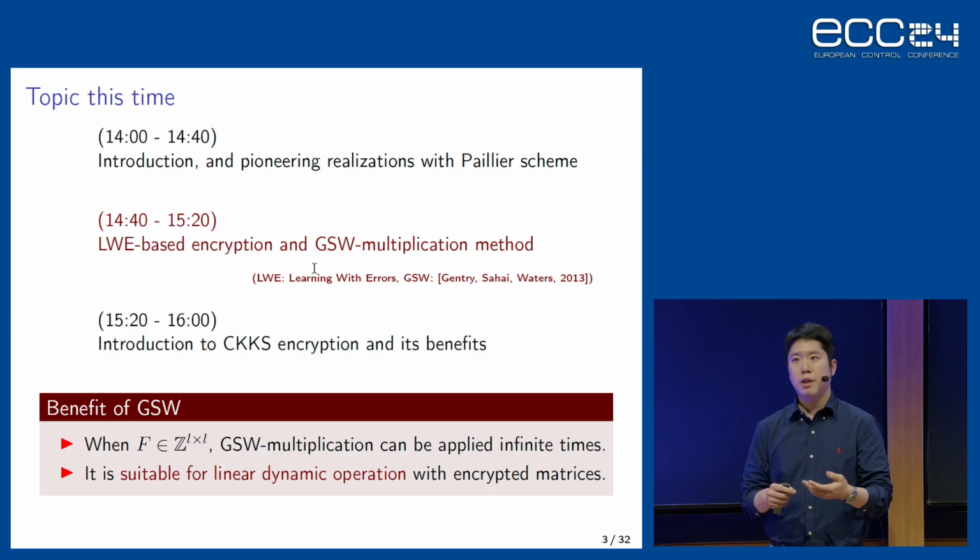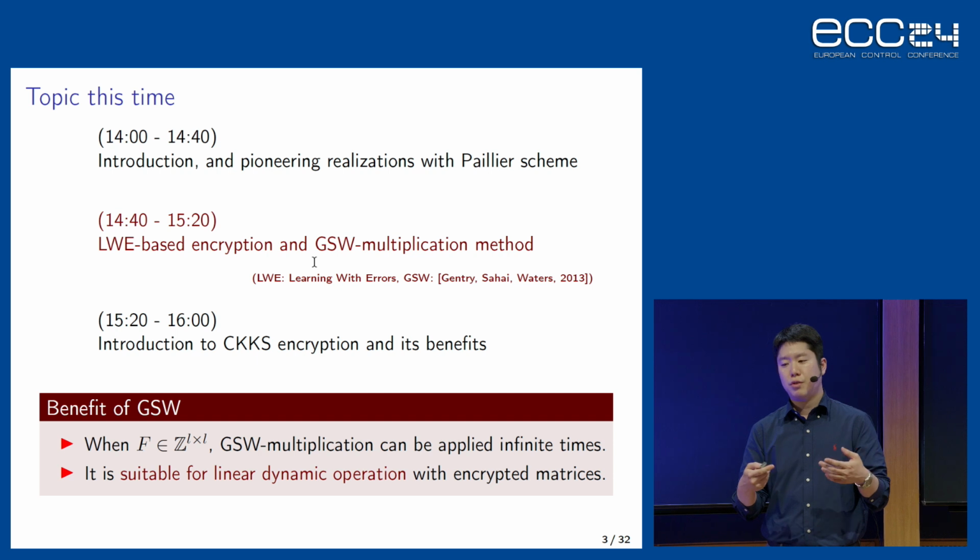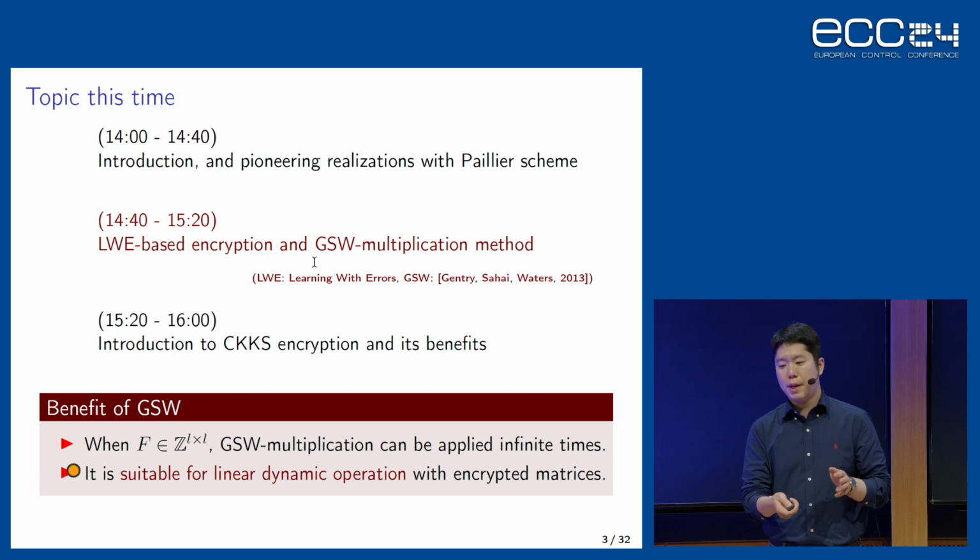So this time, I would like to focus on this problem and introduce the encryption scheme called GSW. And this is the message of this talk. The benefit of this scheme is twofold.